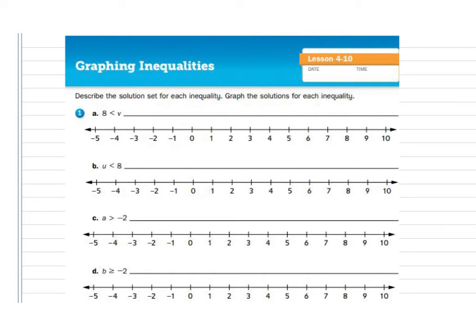So number 1 on page 198, the directions tell us to describe the solution set for each inequality and then graph the solution for each inequality. Describing means tell what it would be. I like to start with the variable. So I'm taking a look at V. V, it looks like, is on the greater than side.